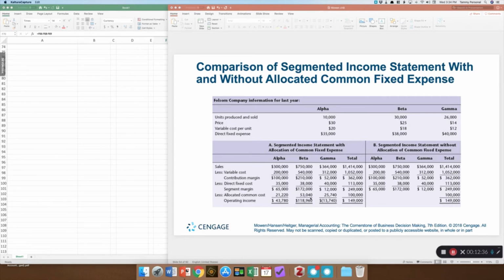And so eventually you can basically drop products that look like they're being unprofitable because of allocation of common costs and wind up with no profitability at all because there's nothing to carry that overhead. Right, so gamma is not as profitable as the other two segments, clearly, but it is profitable if you stop considering the allocated common costs.